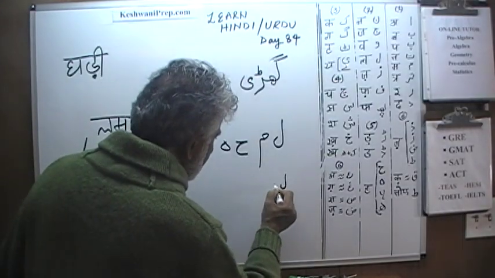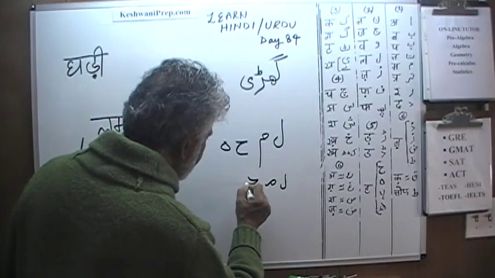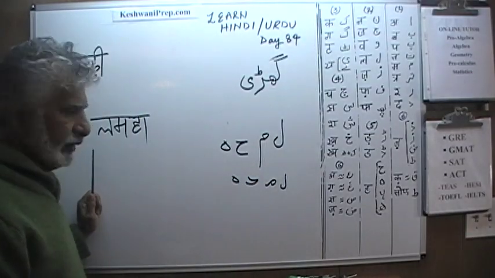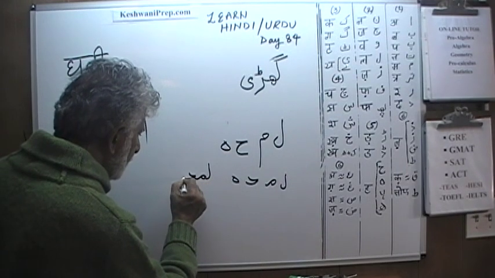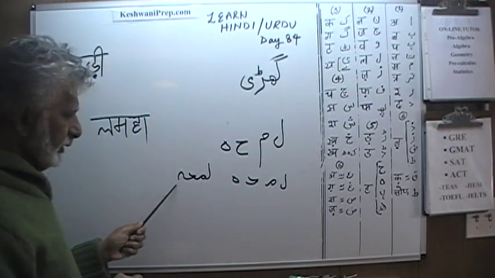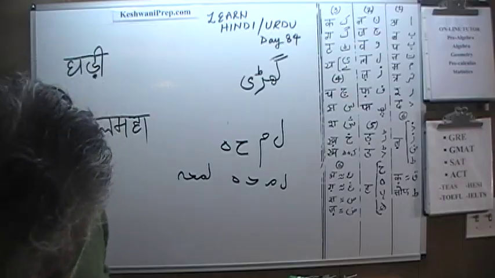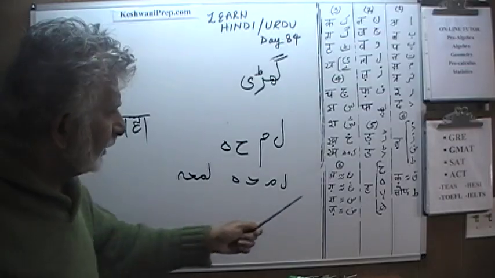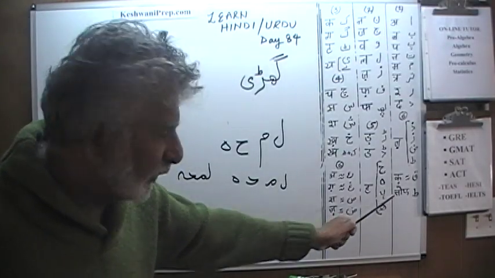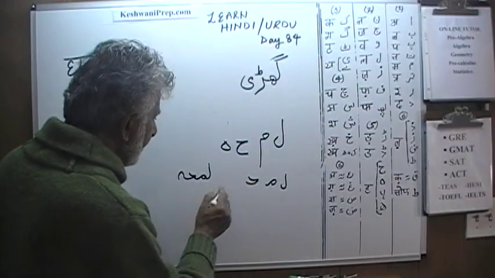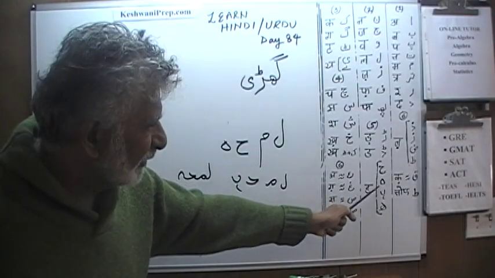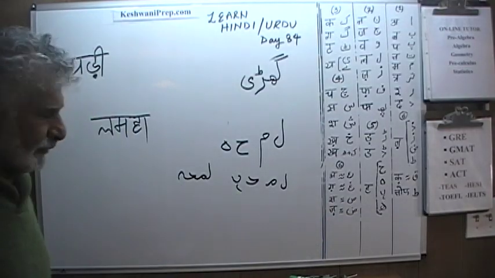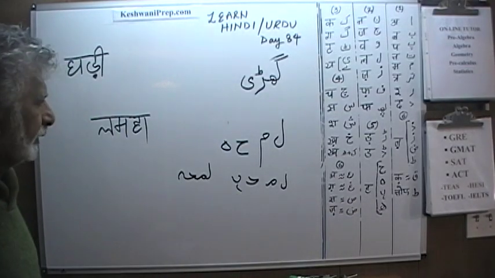Lam, meem, ha, and then this goes here. So technically speaking, actually, it is not that here. I was wrong. It's a third one, right here. Even though there is not much of a difference between the two, it's just a way of writing. This is how you would write it.